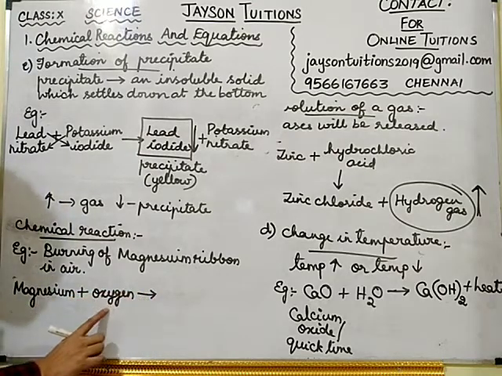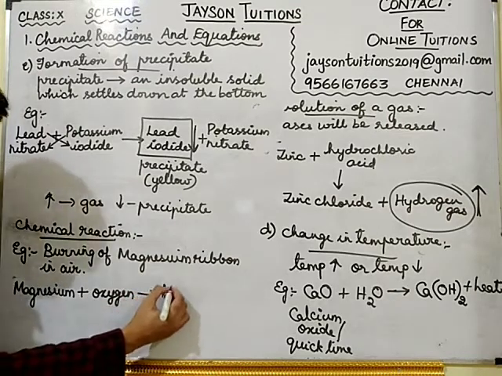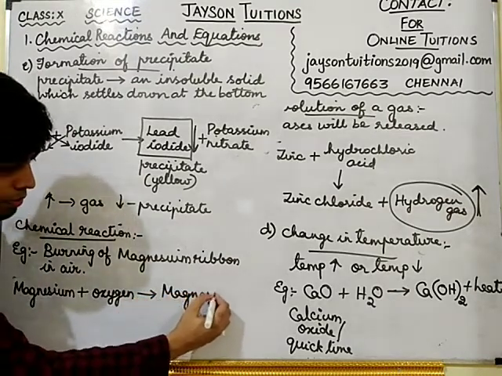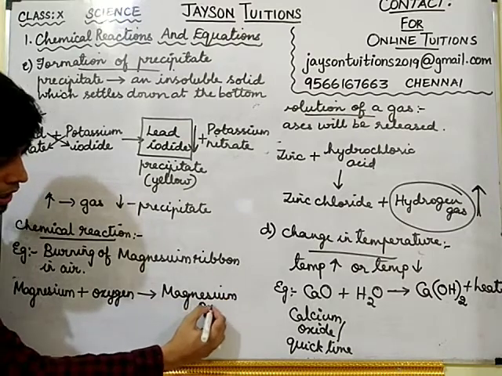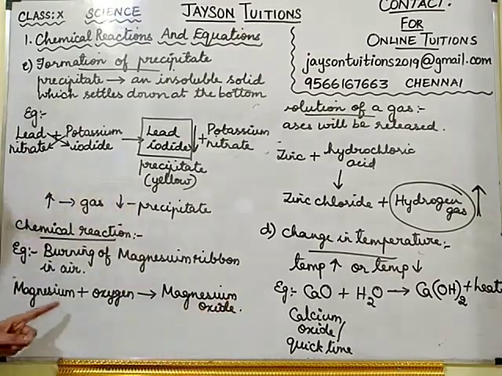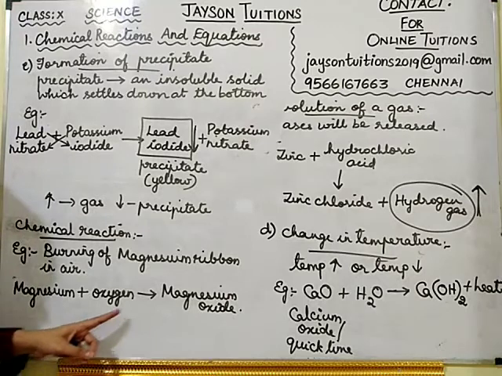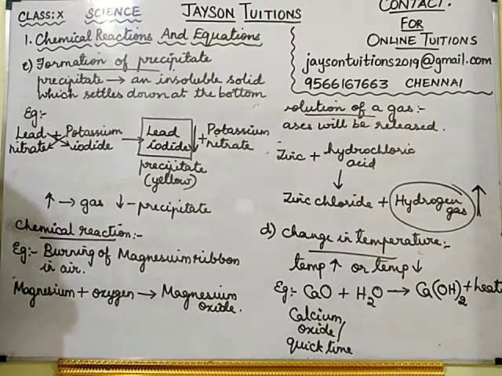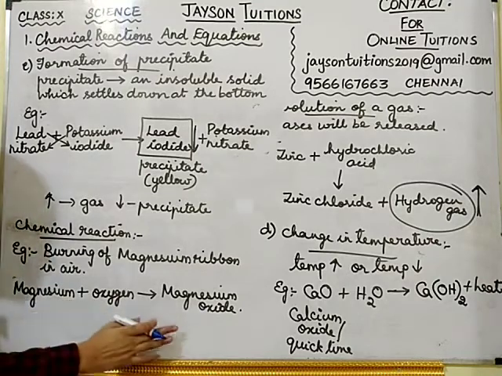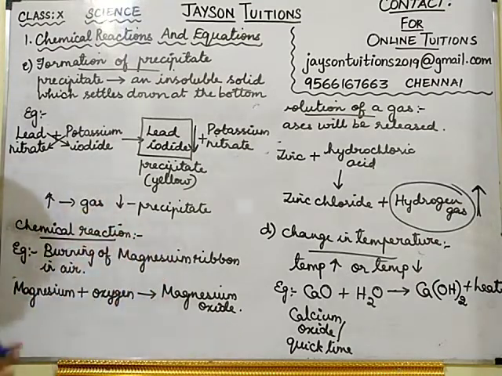It will react with the oxygen present in the air and it will form magnesium oxide. So this is an example of a chemical reaction.